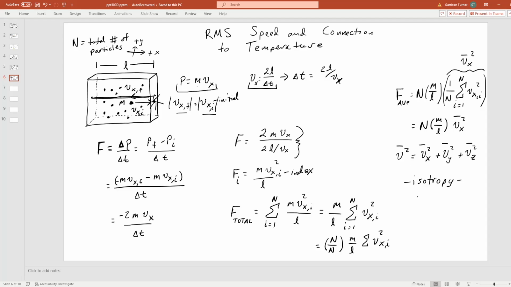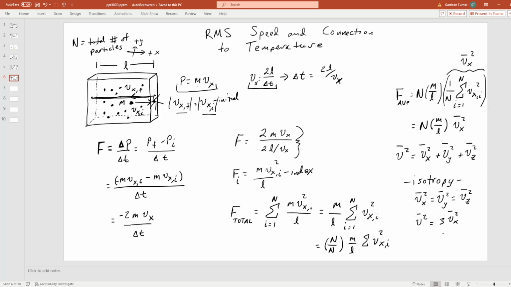And so what that means is that the average of the square of the velocity in the x direction should equal the average of the square of the velocity in the y direction, which should equal the average of the square of the velocity in the z direction. Okay? So if that's the case, then the total average of the square should equal 3 times the average of the square in the x direction.